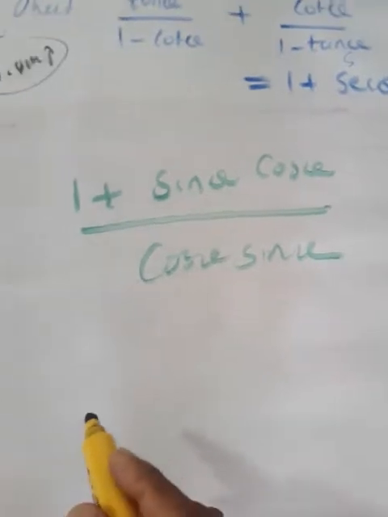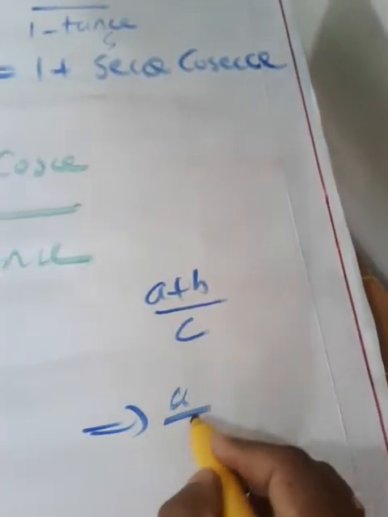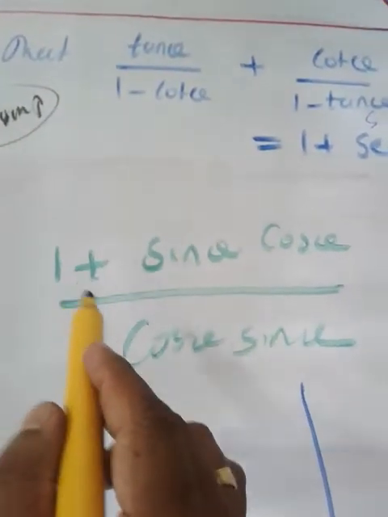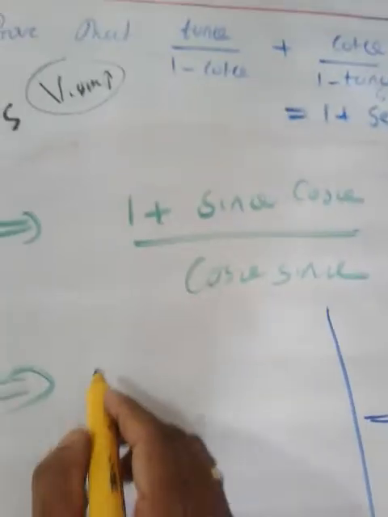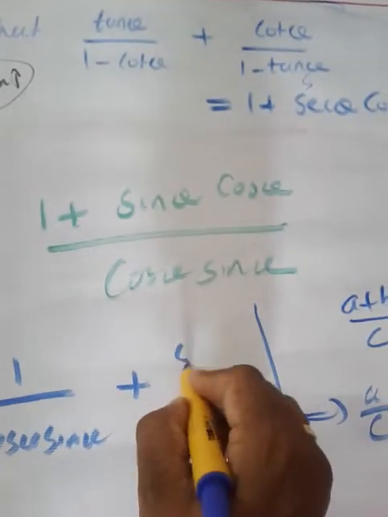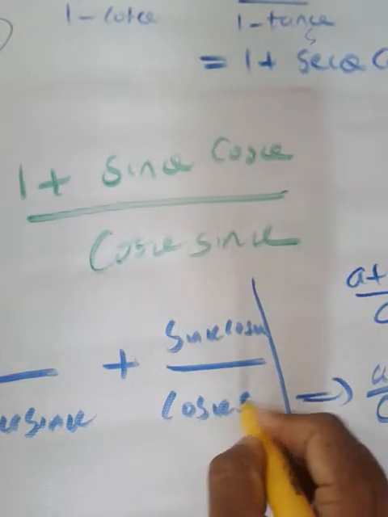So next step, what can I write? What is a plus b by c? A plus b by c is nothing but a by c plus b by c, no? Same way, since cos theta sin theta is a common denominator, I can separate it as 1 by cos theta sin theta plus sin theta cos theta by cos theta sin theta.